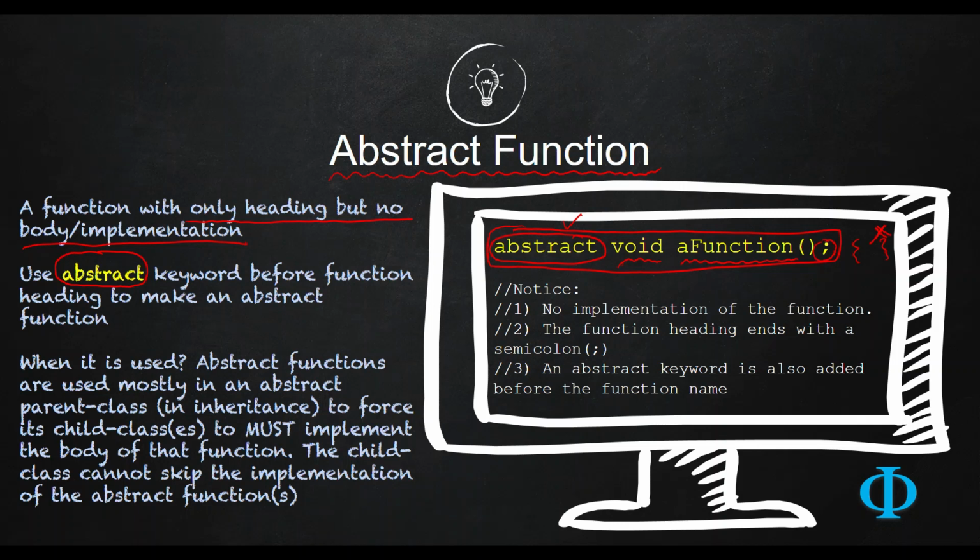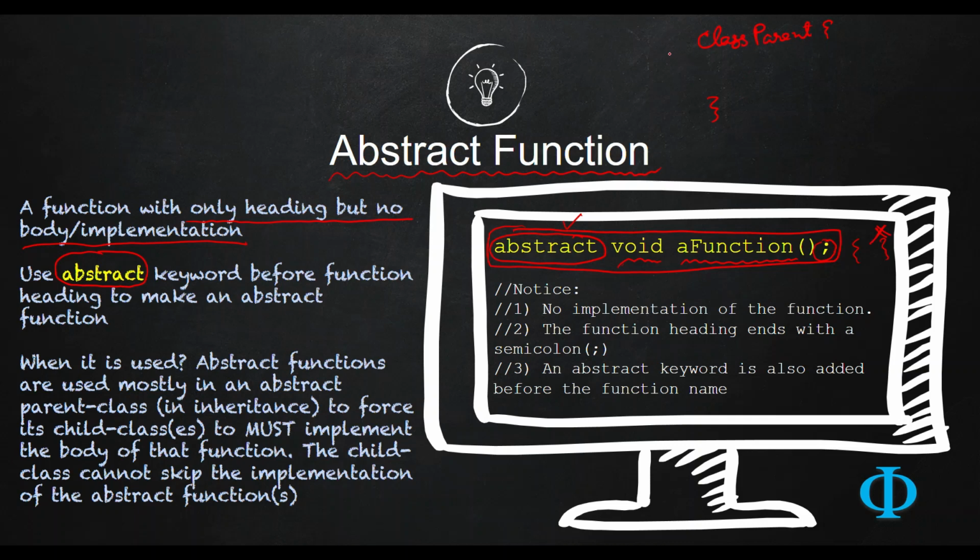So what does that mean? Let us say that there is a class called parent, and inside this parent class, well, I'm not going with the exact syntax, just for understanding.